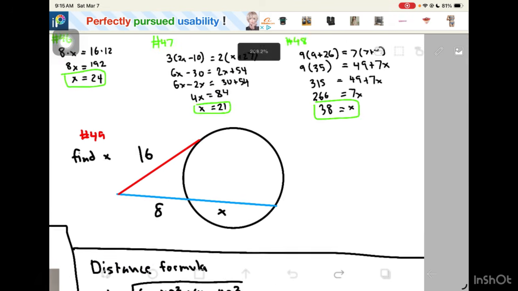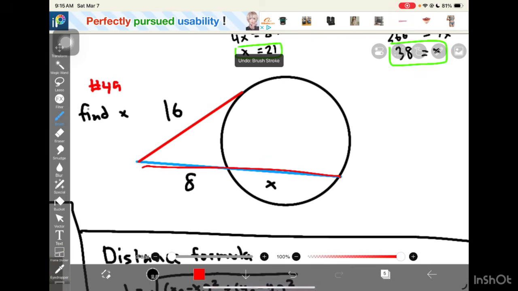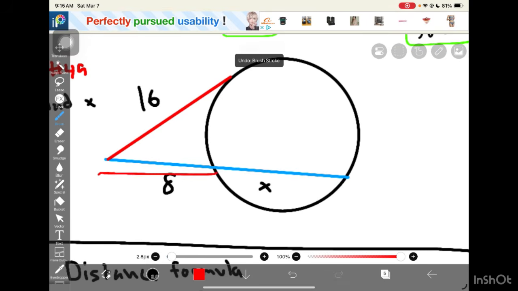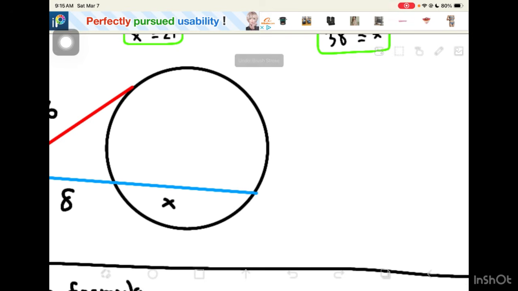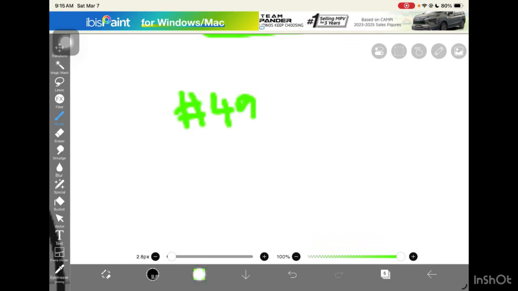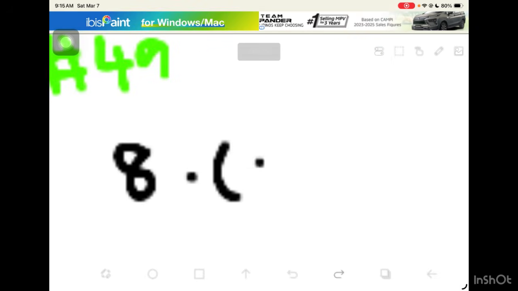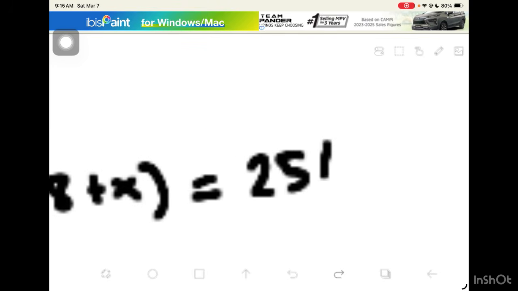Okay, find x, number 49. This one times this one is equal to this one squared. We can equate 8 times 8 plus x is equal to 16 squared, which is 256.